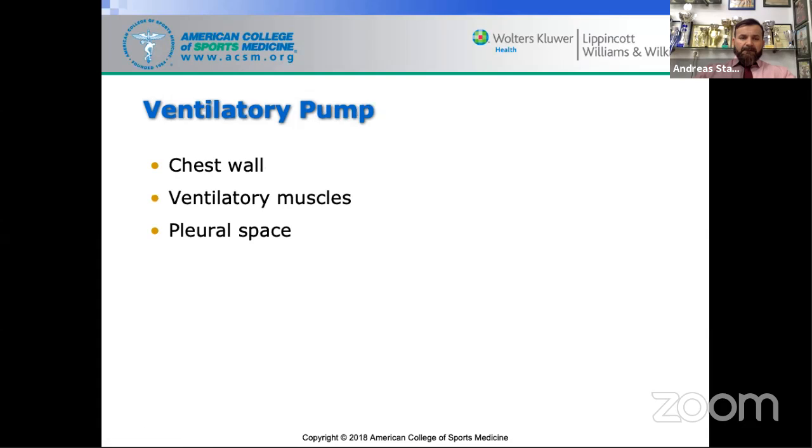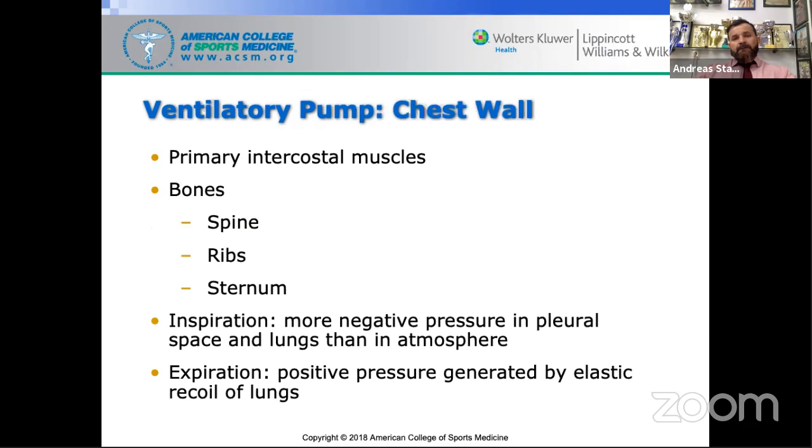And then let's talk a little bit about the ventilatory pump. We have the chest wall, the ventilatory muscles, and the pleural space. When we talk about the chest wall, we have the intercostal muscles, and then bone-wise, you have the spine, the ribs, and the sternum. Inspiration and expiration happen if we really think about pressure. So now you're breathing in, inspiration, and breathing out, expiration, right?